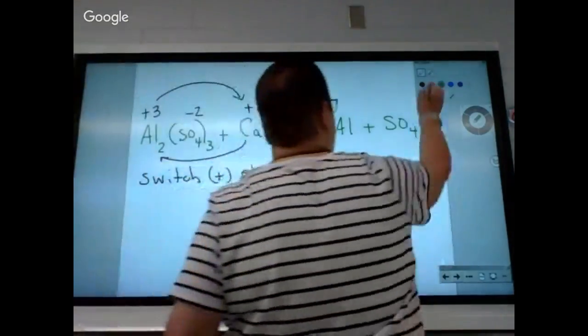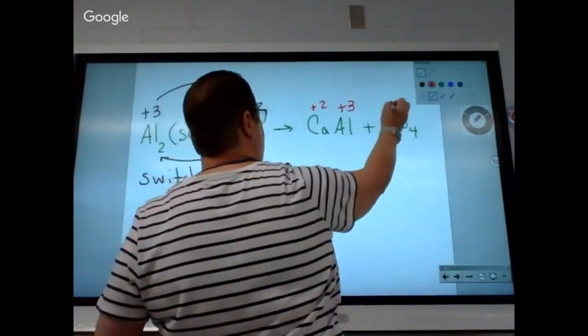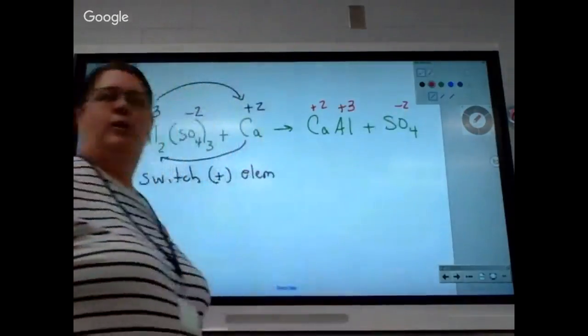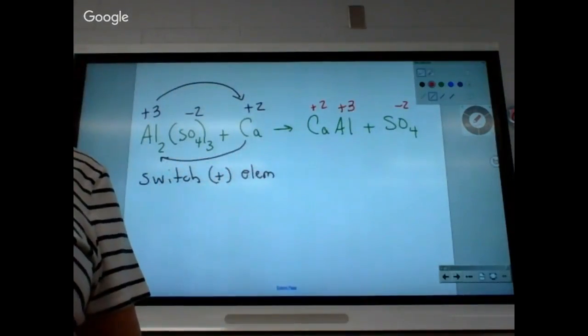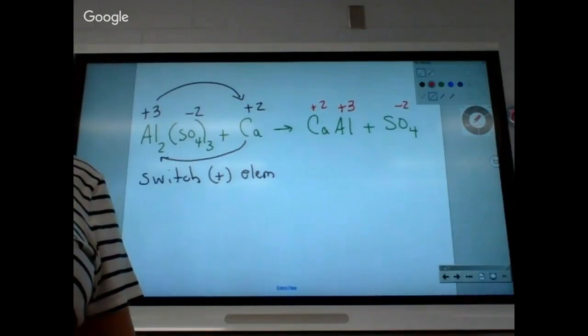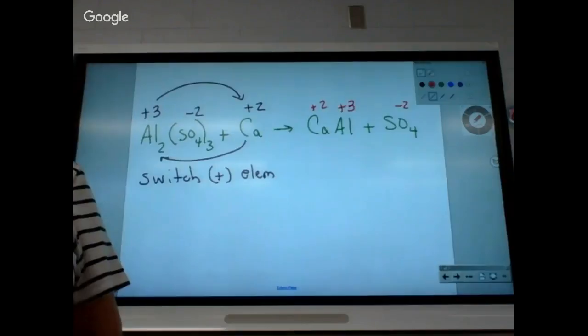Okay? A lot of people do it. When you put your oxidation numbers in, you have +2, +3, and -2. Do you see a problem? Why, Jada? There is a problem, but it should jump out at us. Okay? You can't have 2 positives together.